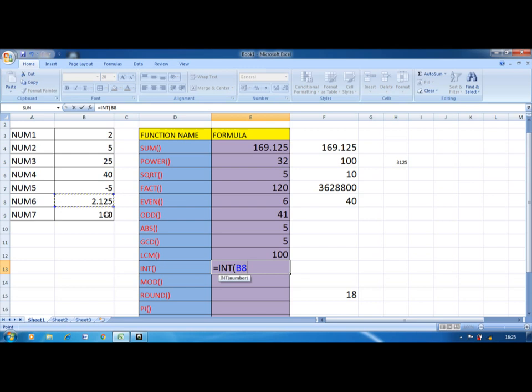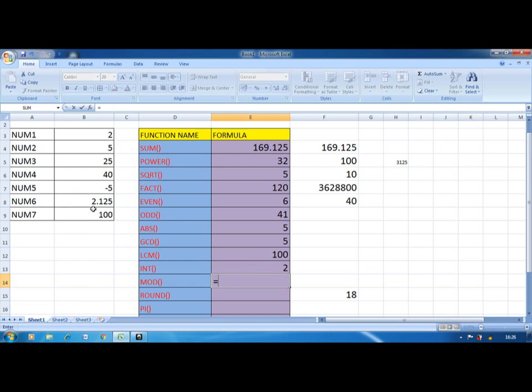One is the integer part and the second one is the fractional part. Here 2 is the integer part and 0.125 is the fractional part. If this type of number is there and I want to choose only the integer part, at that time INT B8. So the result is.